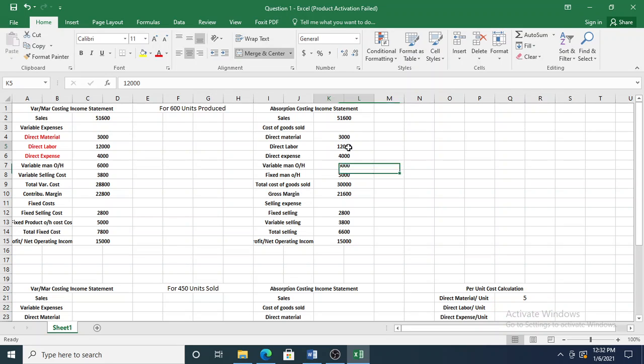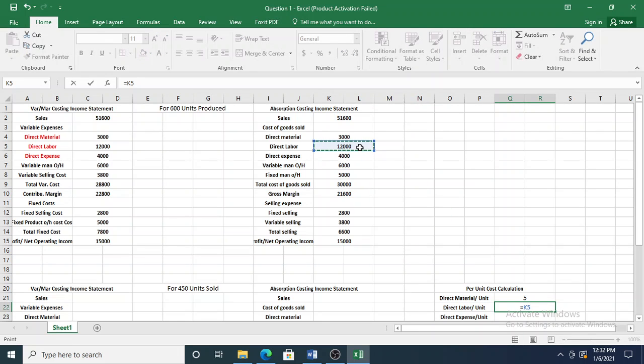Direct labor is 12,000. 12,000 divided by, again, 600 gives us $20 per unit. And we have direct expense per unit, which is 4,000.